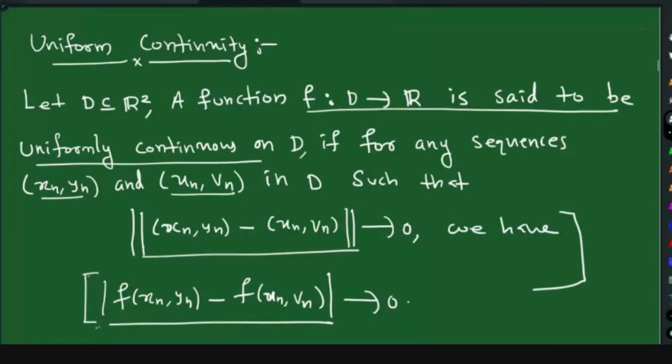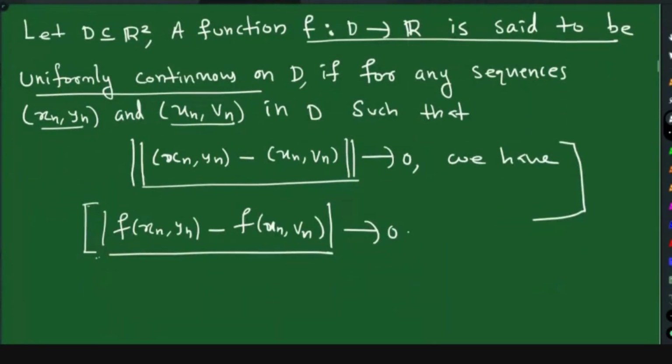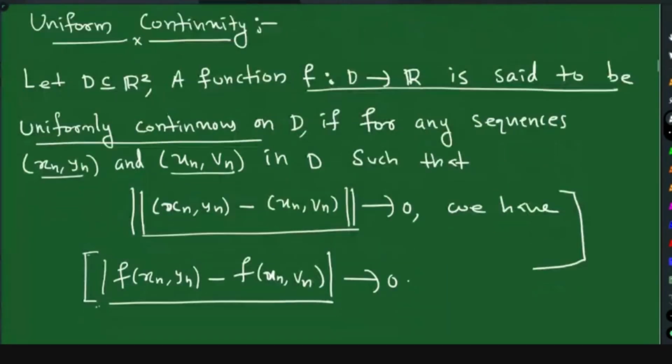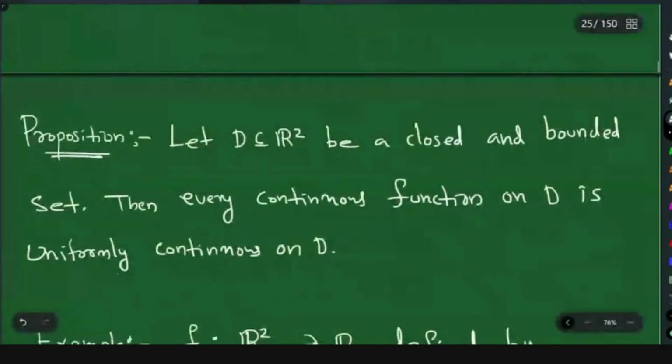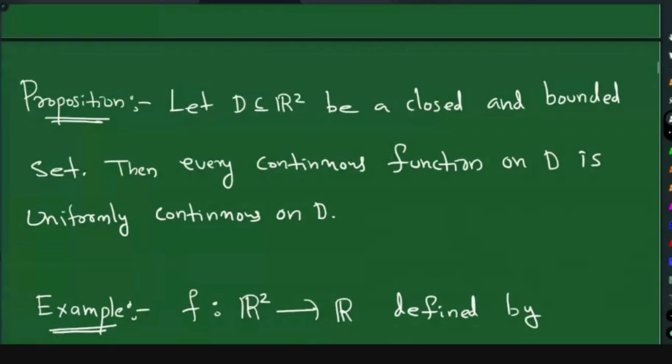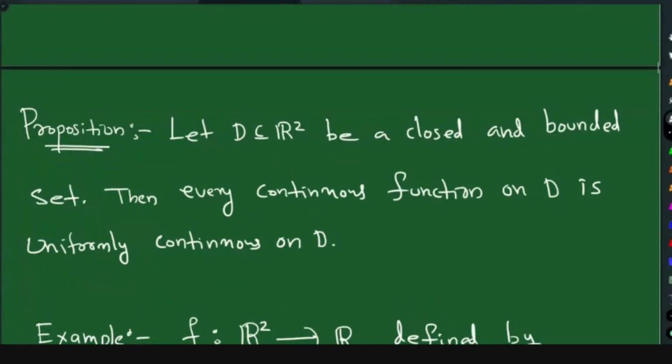So I may look at some examples in R2. So let us look at some examples. One more thing I wanted to discuss. Any continuous function on a closed and bounded subset should be uniformly continuous, right? Because we have the result that any continuous function on a compact set is uniformly continuous.